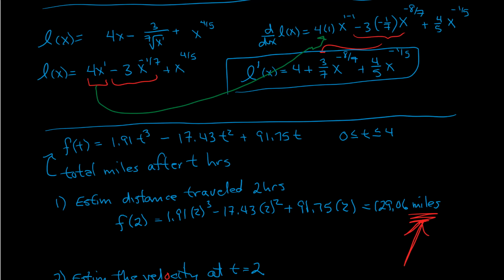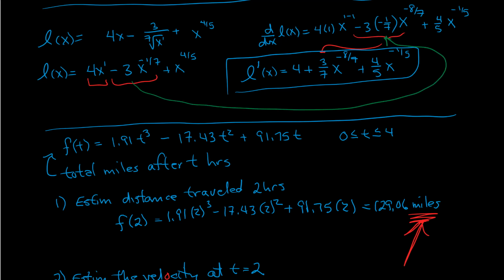The second term, when we take its derivative, is going to be a negative 3 times this negative 1/7. Then I've got the exponent, negative 1/7 minus 1. So that's a negative 1/7 minus 7/7, which gives us an exponent of negative 8/7.